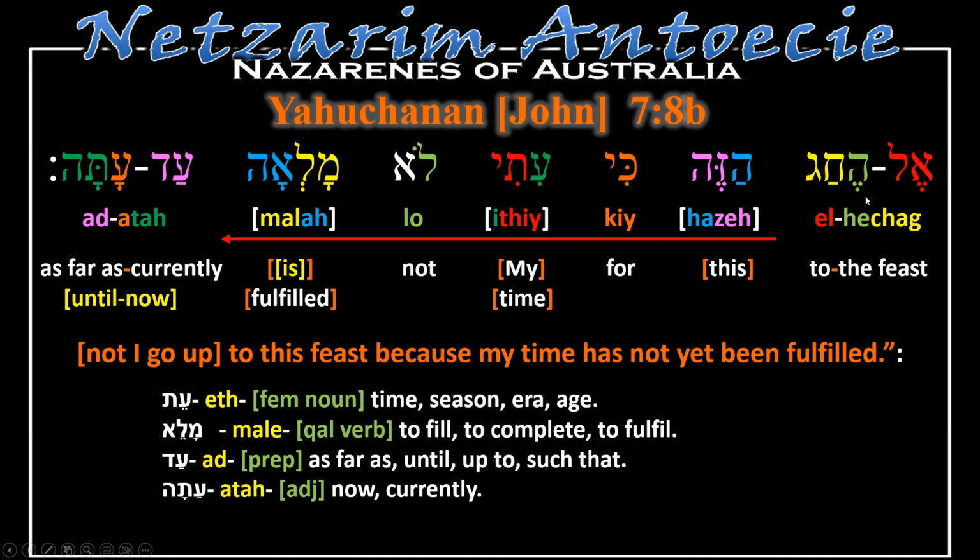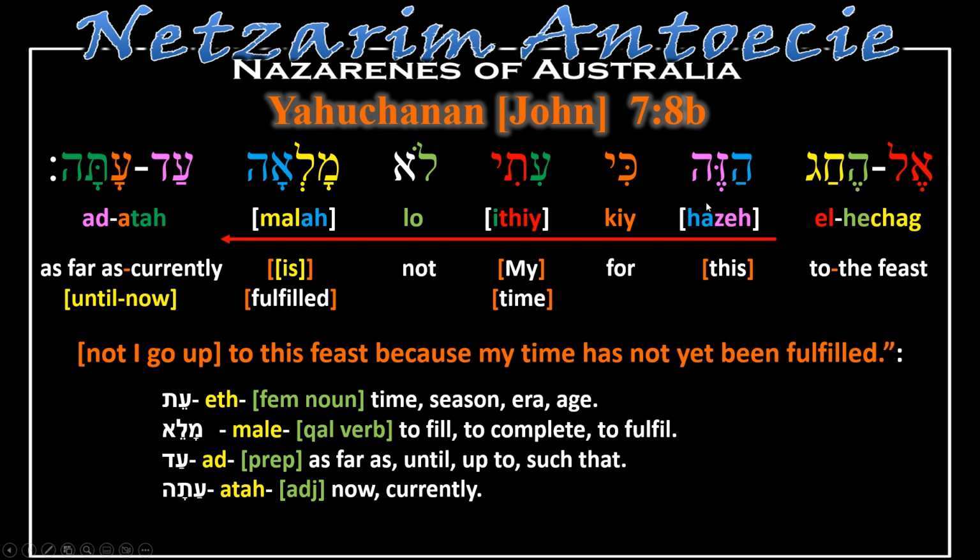We have Aleph, Lamed, Hey, Chet, Gimel, Hey, Zayin, Hey, Kaf, Yod, Ayin, Tav, Yod, Lamed, Aleph, Mem, Lamed, Aleph, Hey, Ayin, Dalet, Ayin, Tav, Hey. And we read it. El, meaning to. He chag, the feast.